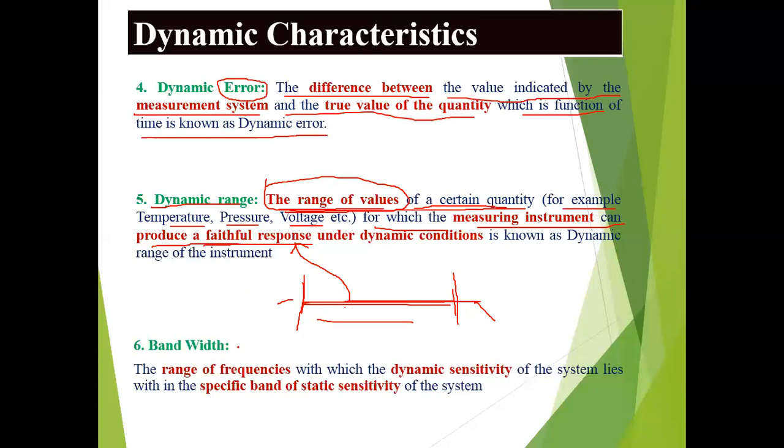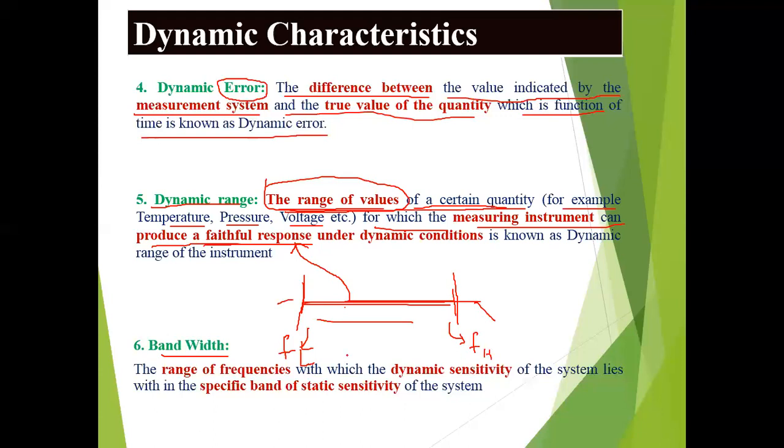Now coming to bandwidth. It is a very well known term. Bandwidth is the range of frequencies, lower frequency and higher frequency. For example, consider this one as the lower frequency and let this be the higher frequency.